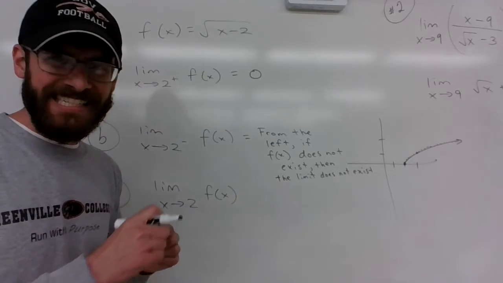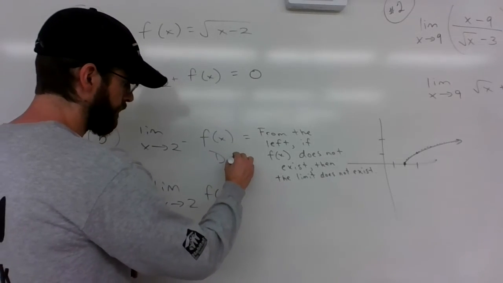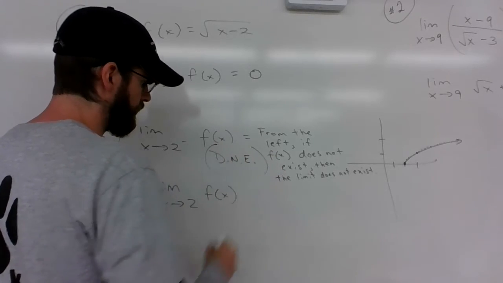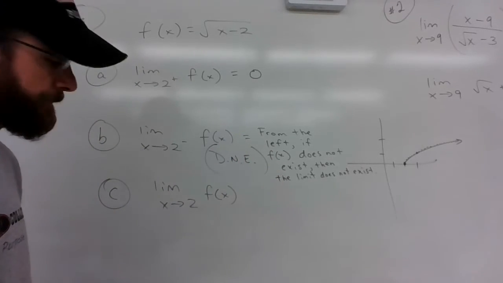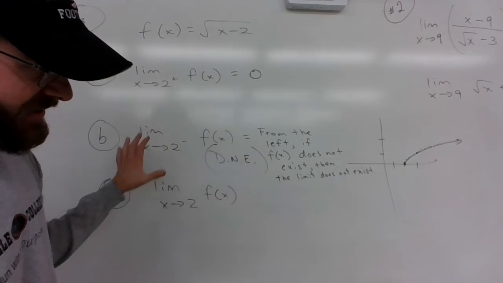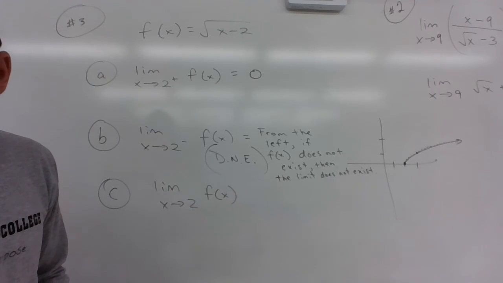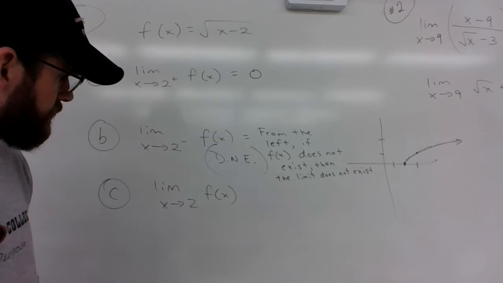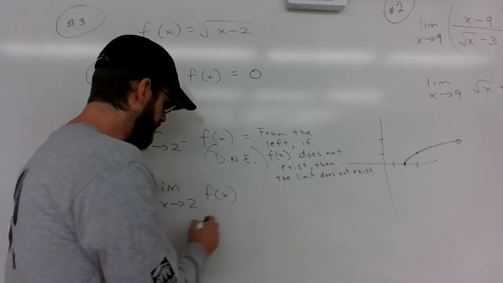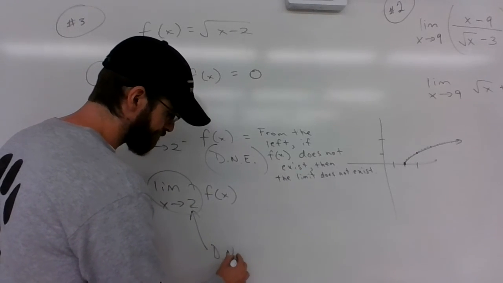Remember we put those D and E's? Yeah, this is a situation where that's the case. So if from the right, we're good, but the left is like, I don't think so. The limit at that spot is not even defined. It doesn't exist. So at this point, the limit does not exist.